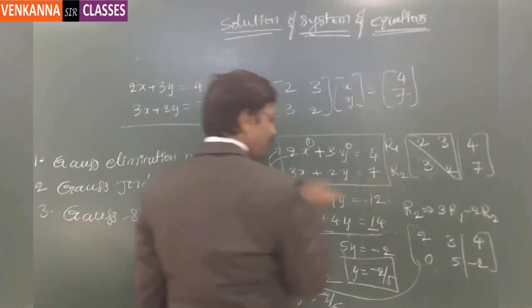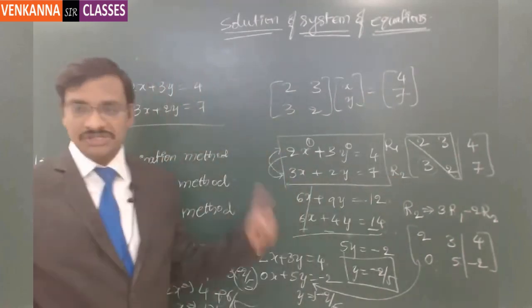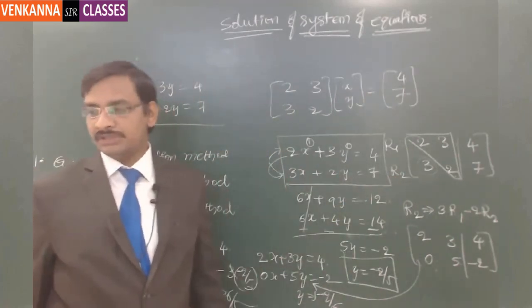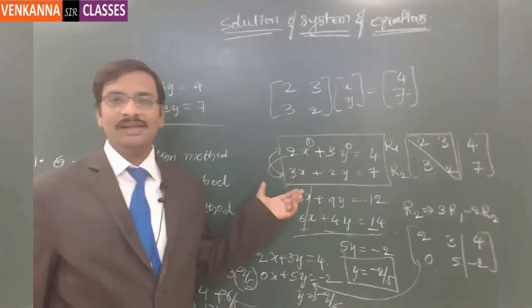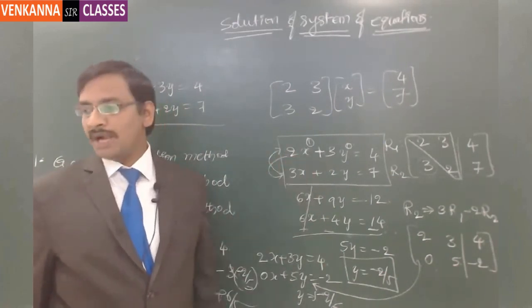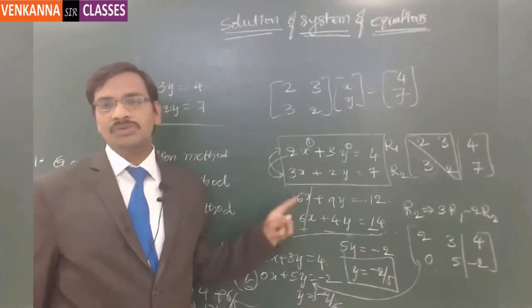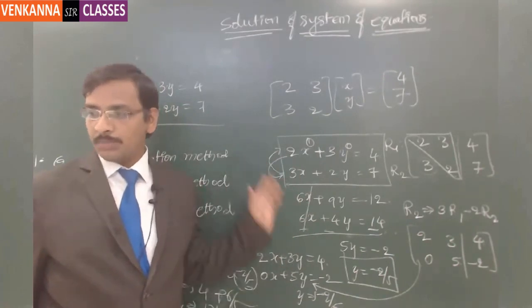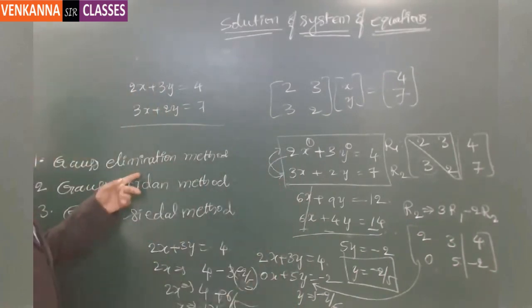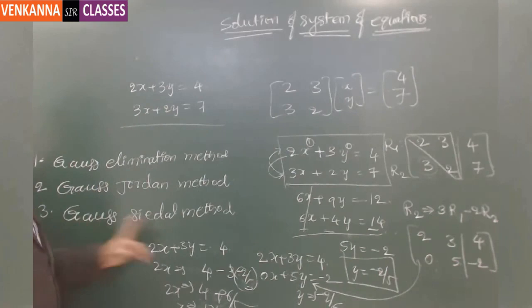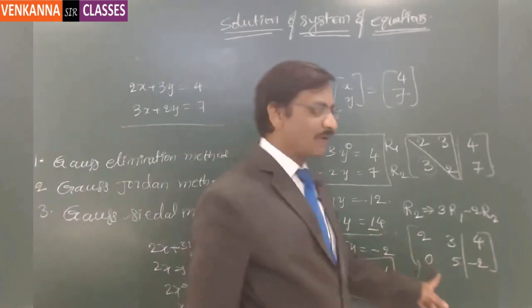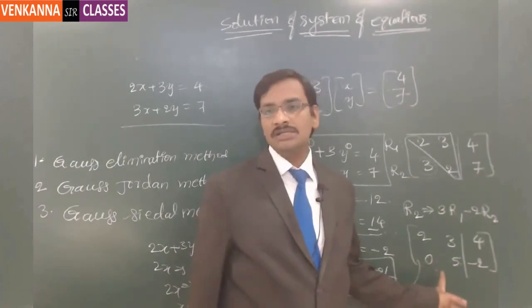There is a separate topic called linear algebra which essentially deals with matrix operations. Any set of linear equations can be brought into matrix format, and you will be able to solve it by adopting the Gauss elimination method, Gauss-Jordan method, and Gauss-Seidel method. Got it? The method we have explained here is the Gauss elimination method.